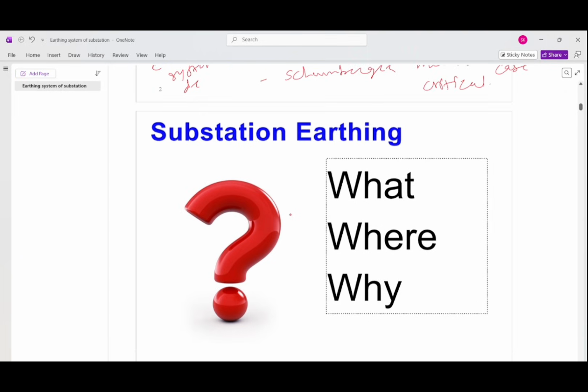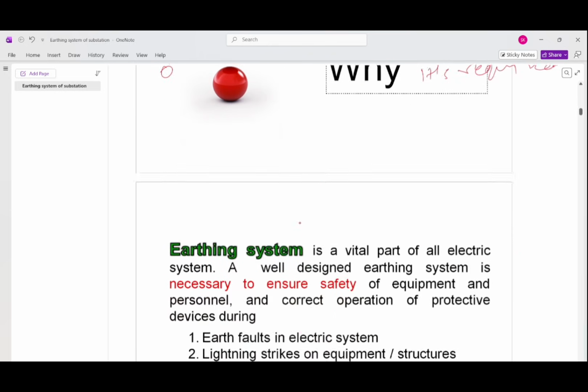Substation earthing, a big question mark you can see here. What is earthing? Where is it required? And why is it required? These are the three questions we will discuss, and we will gain more depth of knowledge about substation earthing.